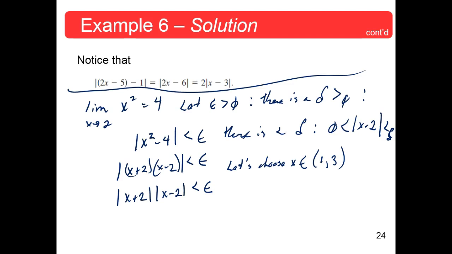I'm trying to make sure I don't skip any steps for you. Everything on that interval, x plus 2 is going to be less than 5, so 5 times the absolute value of x minus 2 is going to be less than epsilon, because epsilon is some small number.